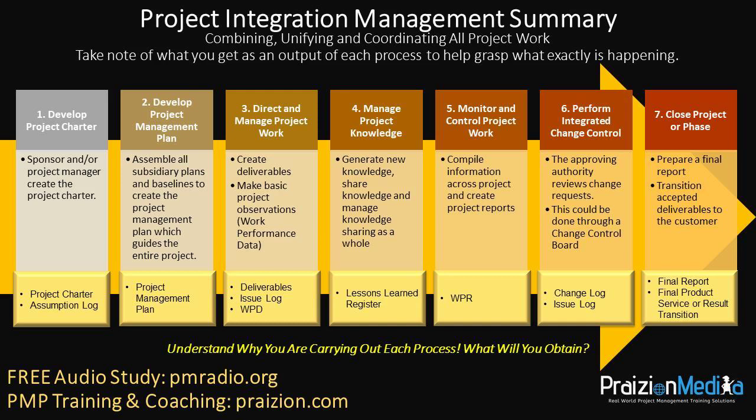So when you come back into integration at the end of planning, you are meant to have schedule, cost, scope, quality, resources, communications, risk, procurement, and stakeholder subsidiary plans, and any relevant baselines in schedule, cost, and scope. You bring all of these together and you create the project management plan. Theoretically speaking, it's the addition of all of these. It's talked about on page 89 of the 6th edition.